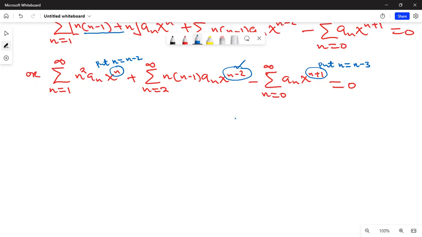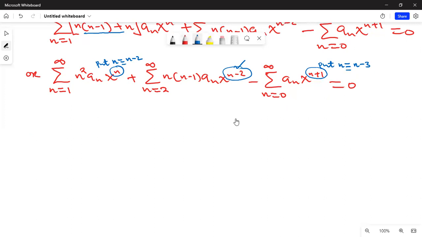So we are going to make a substitution in the first series, and the third series on the left-hand side. So remember, everywhere here in the first series, we are going to substitute n with n minus 2. And everywhere in the third series, we are going to substitute n with n minus 3.